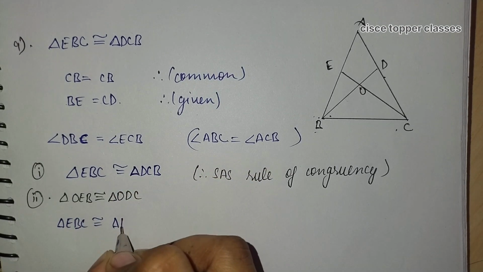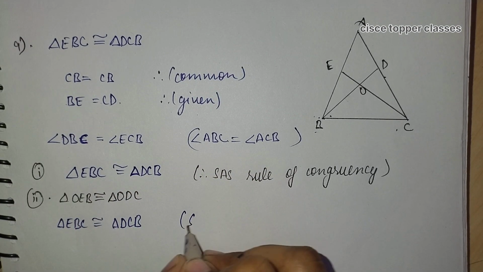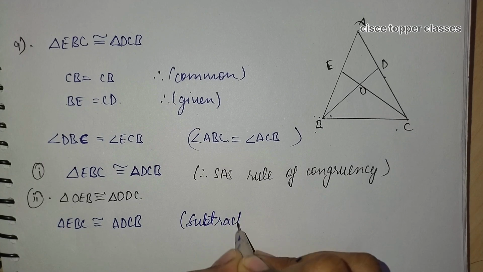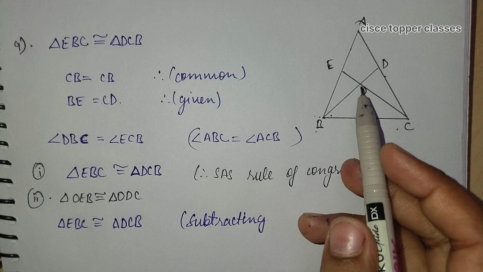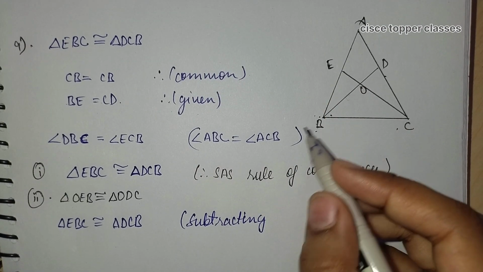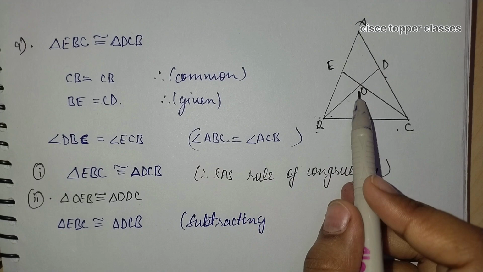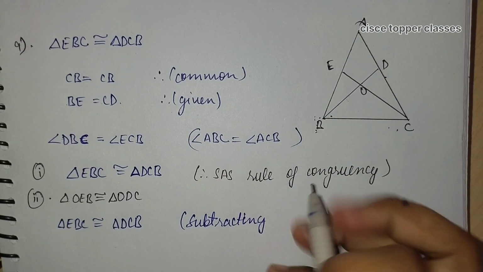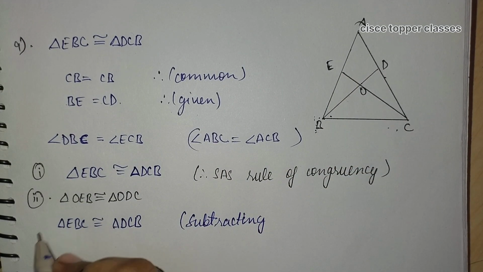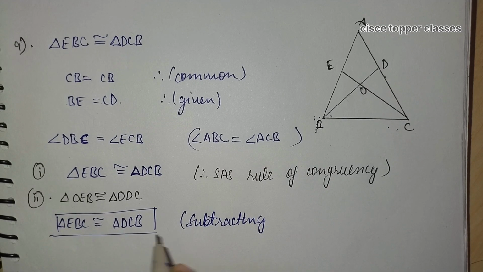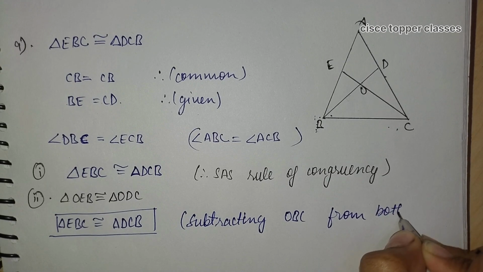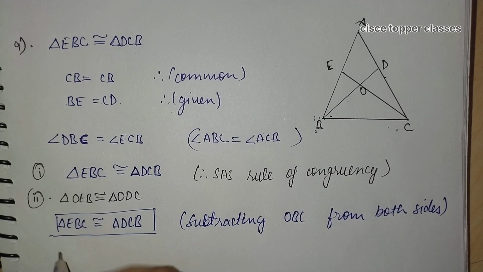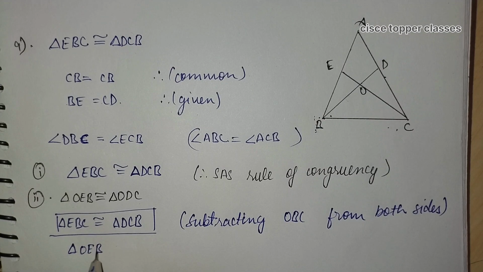So subtracting triangle OBC, because it is common in both these triangles, from both sides, we can write it as triangle OEB is congruent to triangle ODC.